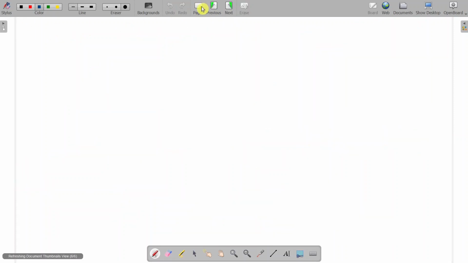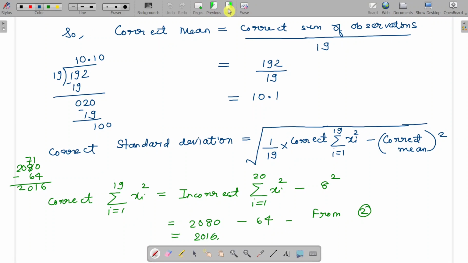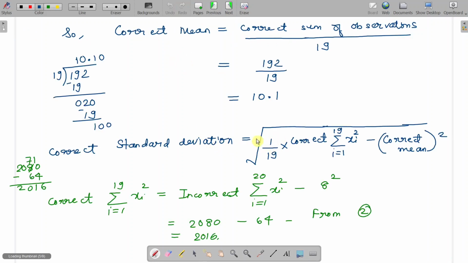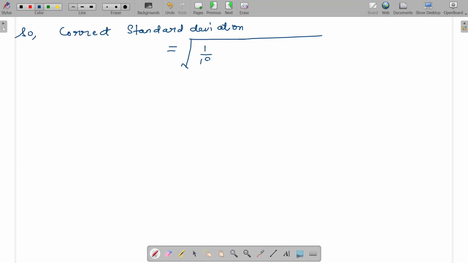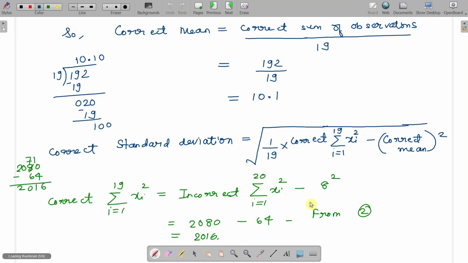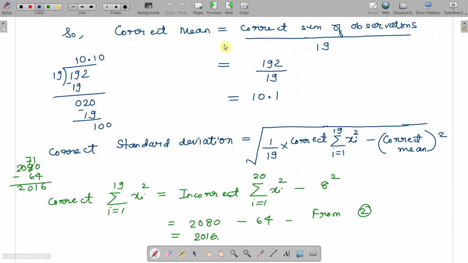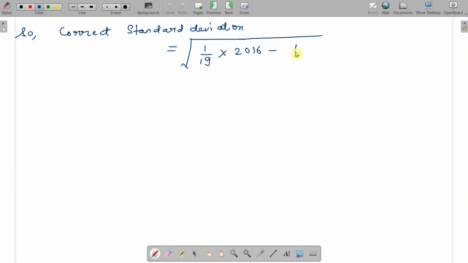Now we can find the correct standard deviation. The correct standard deviation will be equal to root of 1 by 19 into the correct summation i going from 1 to 19 xi square, which is 2016, minus the correct mean, which is 10.1, the whole square.